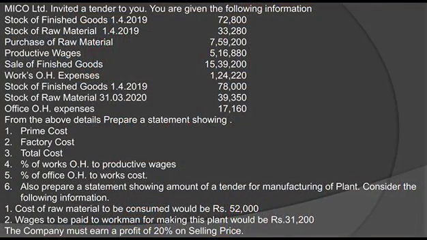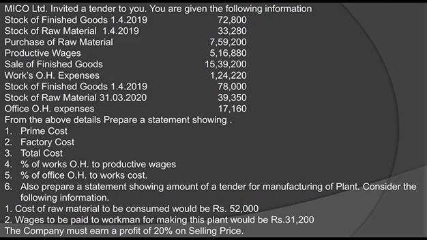MECO Limited invited a tender to you. You are given the following information. Stock of finished goods on 1st April 2019, 72,800. Stock of raw material on 1st April 2019, 33,280. Purchase of raw material 7,59,200.